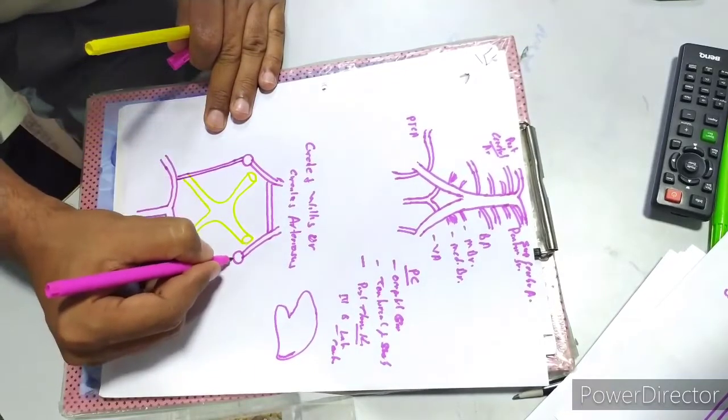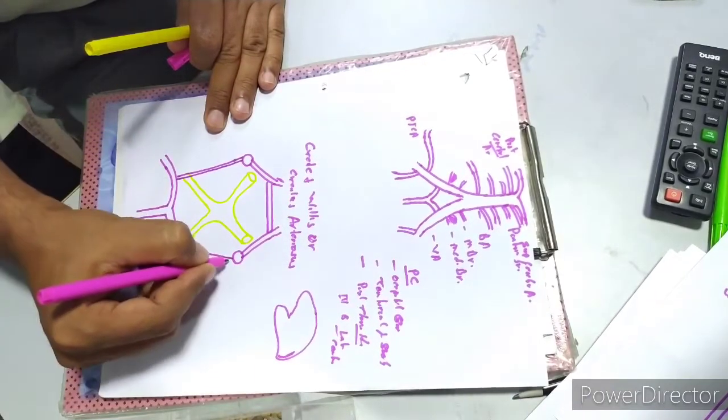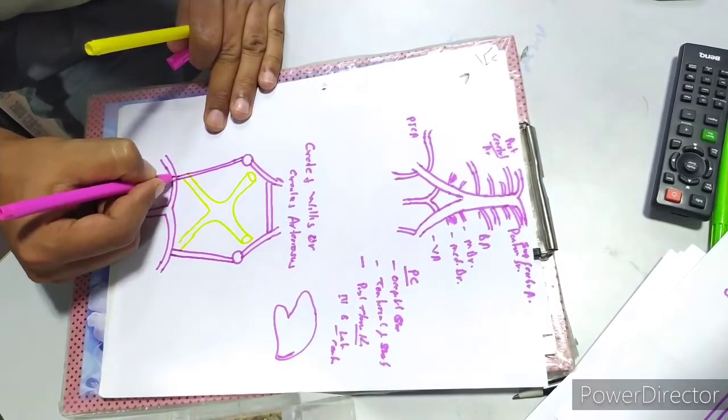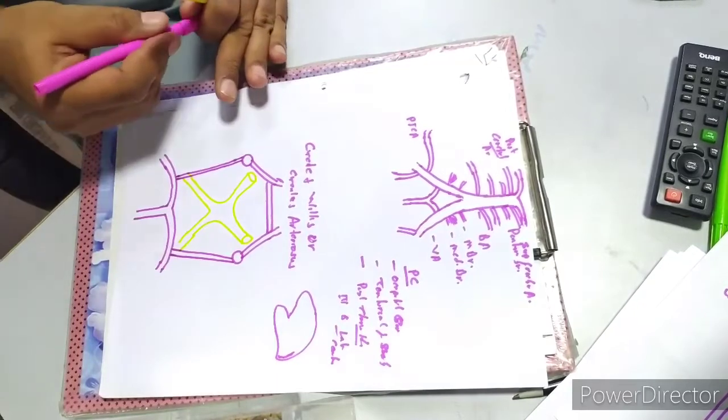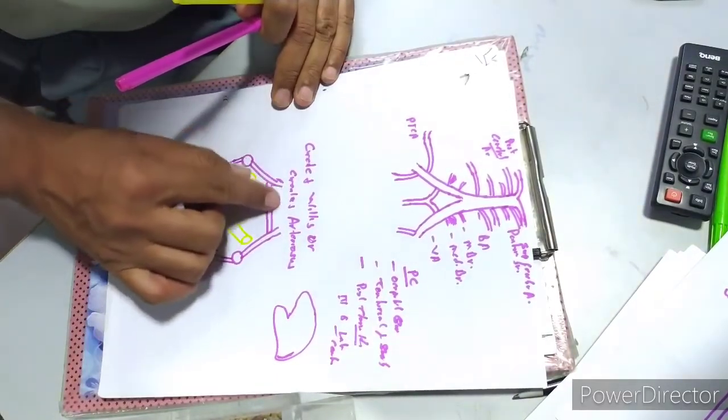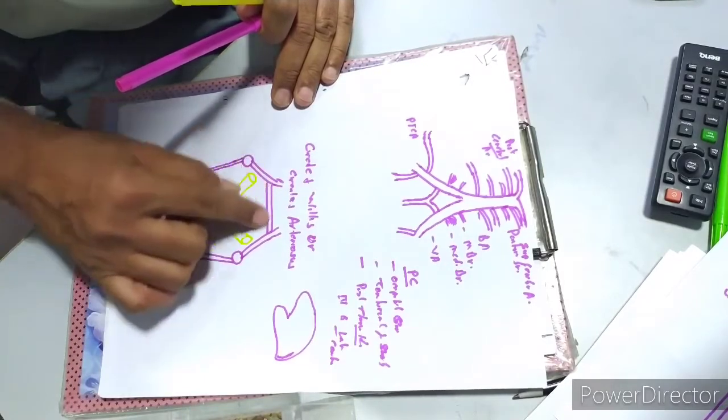So what has happened? One multi-angle circle, not rectangular, is formed here.